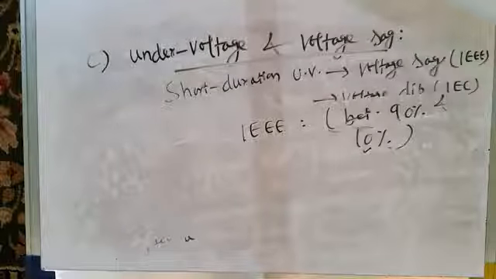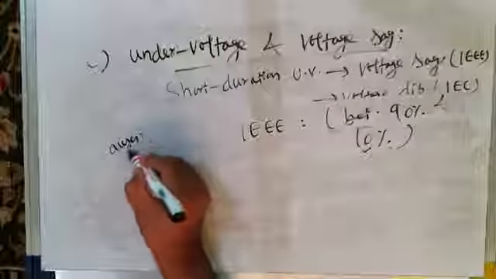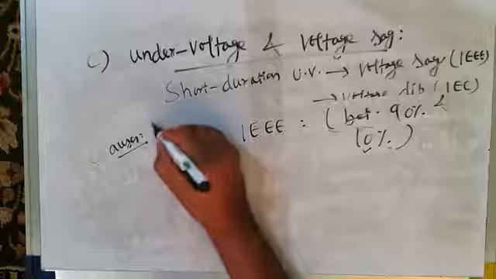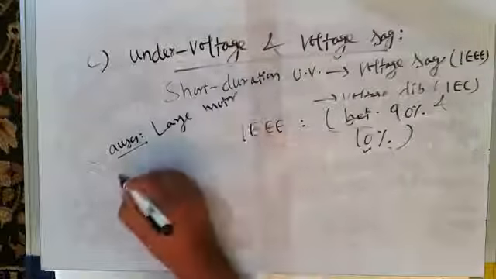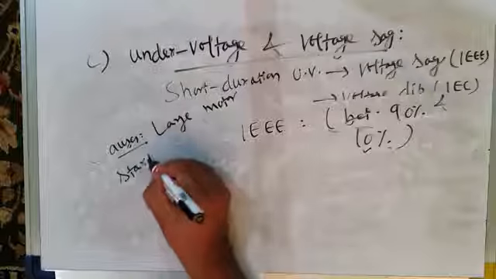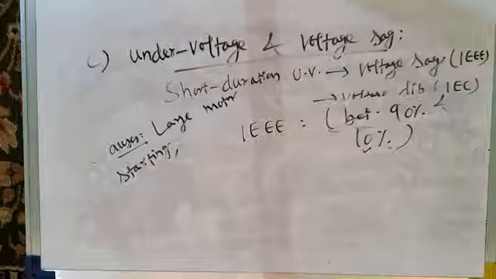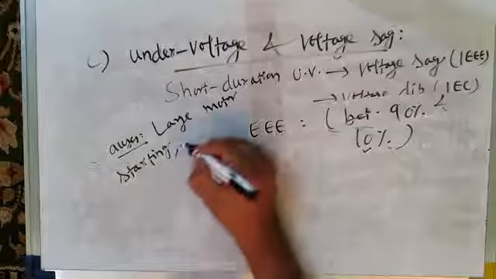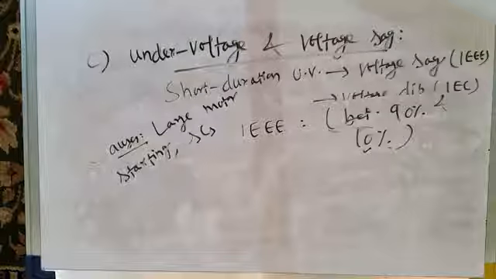Okay. Now, what are the causes of this voltage sag? Causes may be large motor starting, as you already know. You are starting a very large induction motor, and that causes a dip in the voltage. Short circuits, I mean temporary short circuits which are there for a very small period, also cause a dip in the voltage.